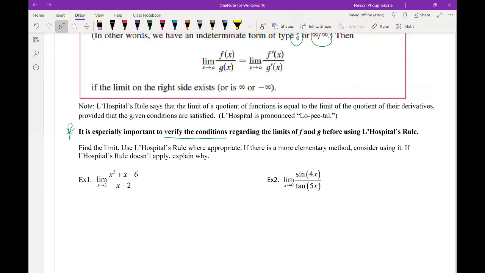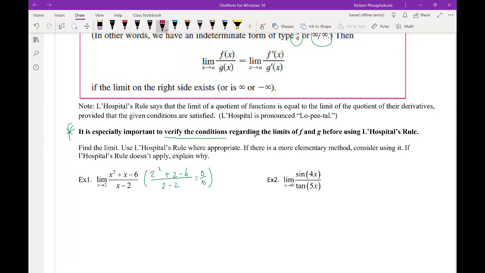Let's look at our first example. If we want to evaluate by direct substitution, I have 2 squared plus 2 minus 6 over 2 minus 2. Then we know that it is 0 over 0, an indeterminate form.